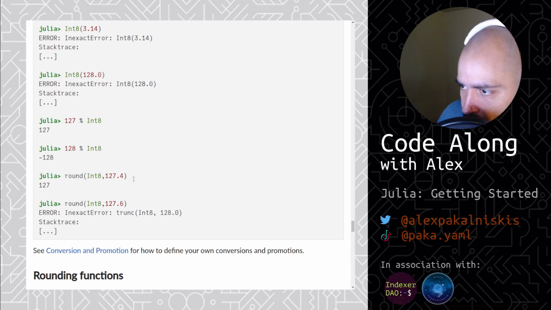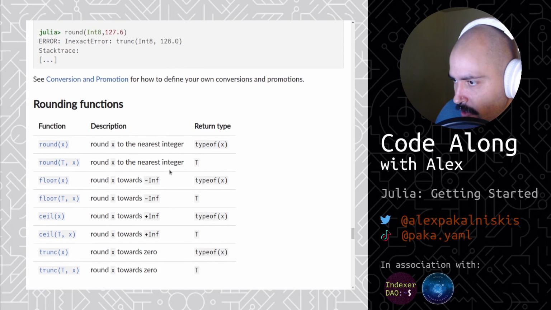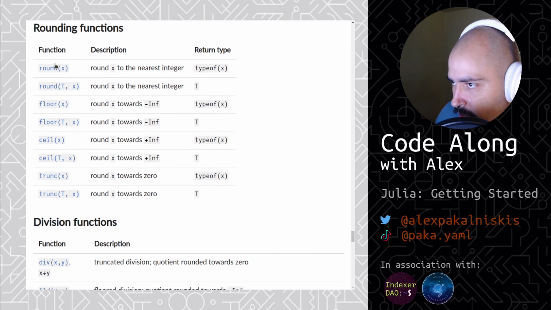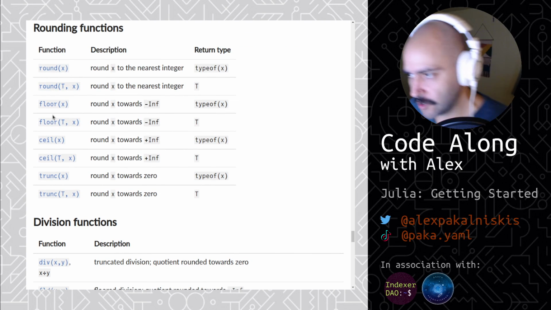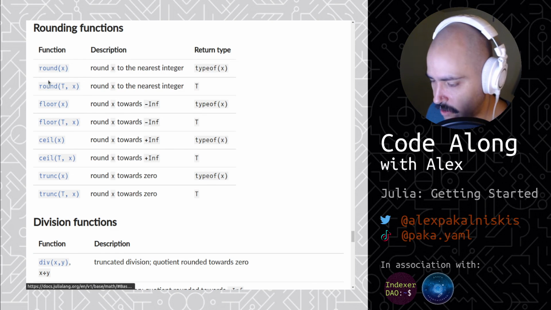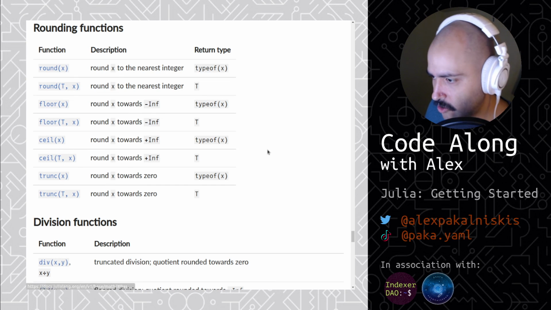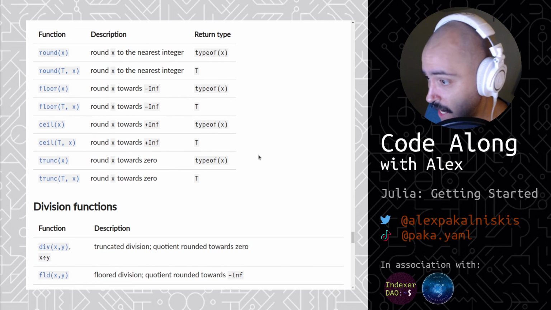Now you can typecast different values, basically converting between them. Nothing super exciting, so let's keep going. Some rounding functions, useful for doing math and handling the particulars of your logic, whether you want to do floor, ceiling, truncate, or good old round.